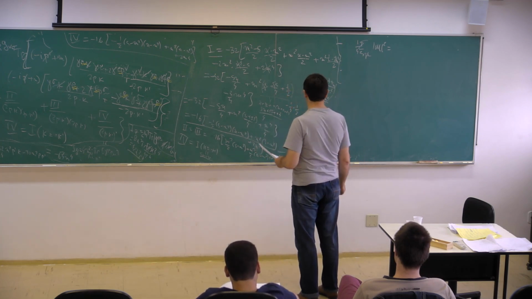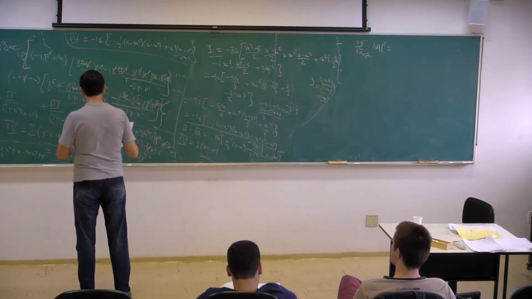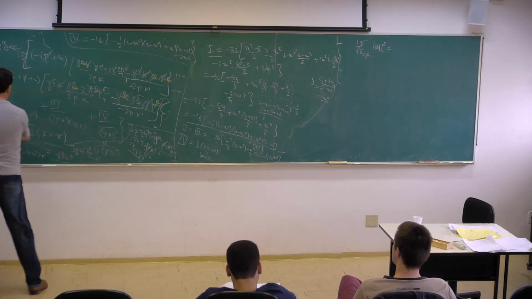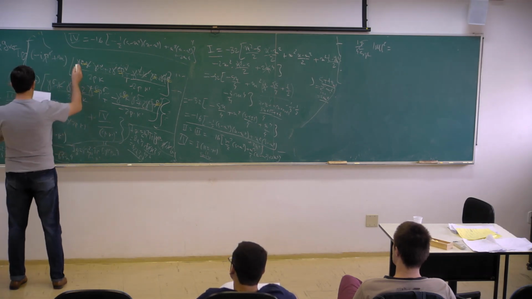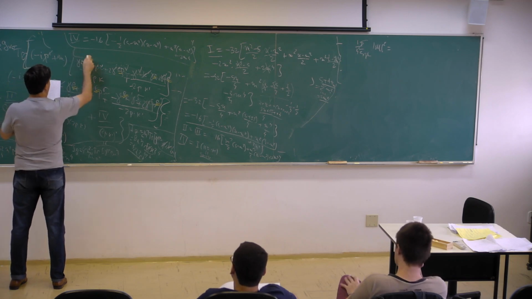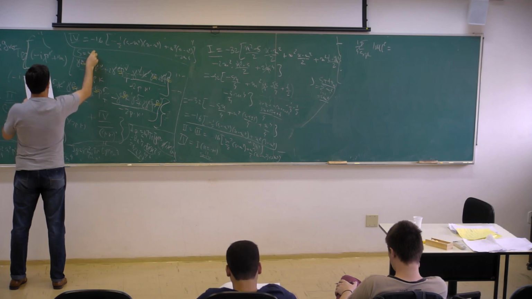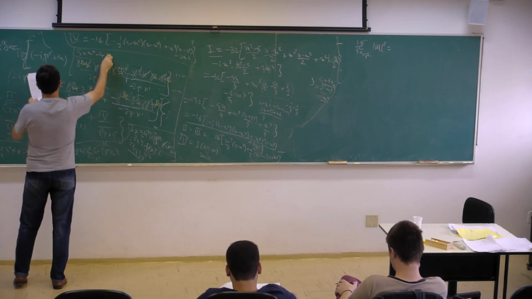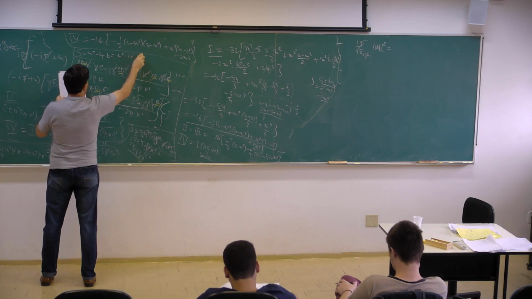And I also erased things that I shouldn't have. I have these denominators here, so I'll rewrite here that s is equal to m squared minus 2pk and is equal to m squared minus 2p prime k prime.